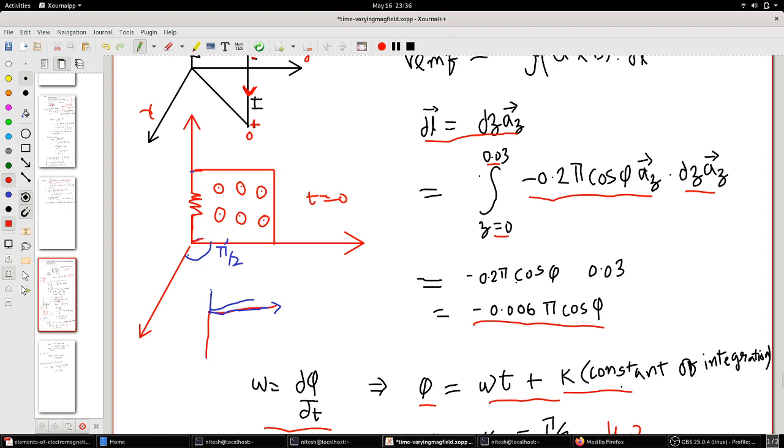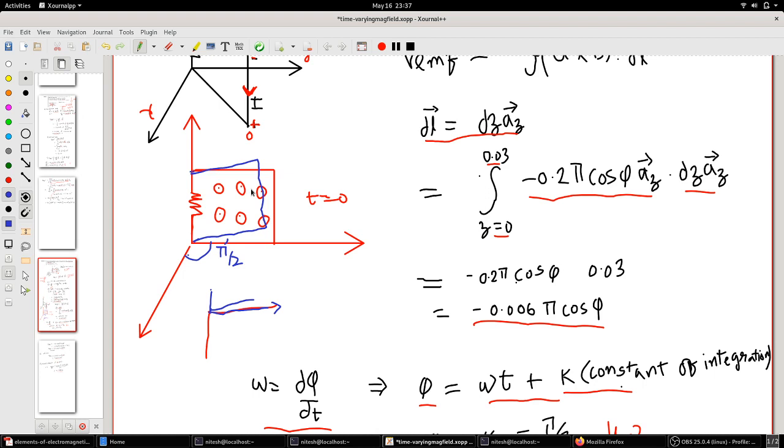At t equal to 1, the loop moves like this, so it's gone backwards. Now the flux cutting through this loop is decreasing, because the B passing through this loop is decreasing. The flux was maximum when the loop was in the YZ plane, and now as it moves, the area through which B passes decreases.